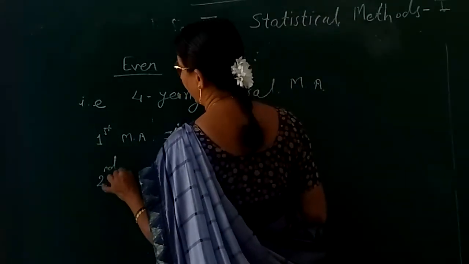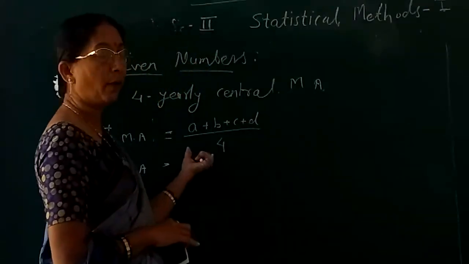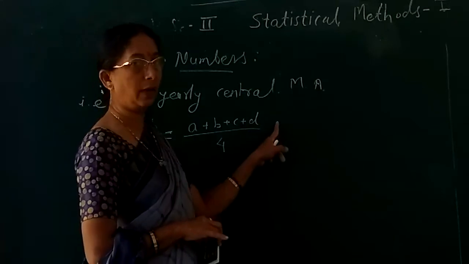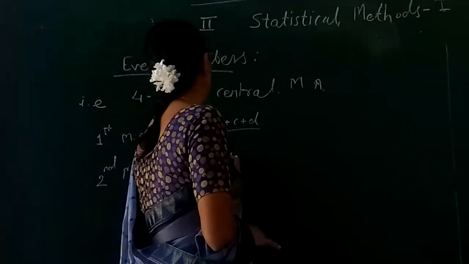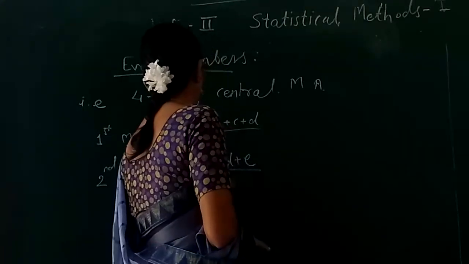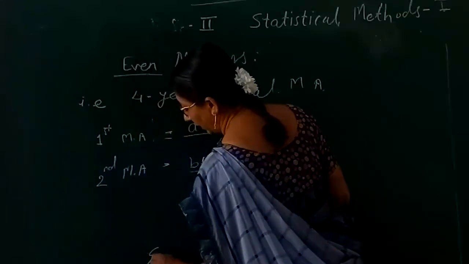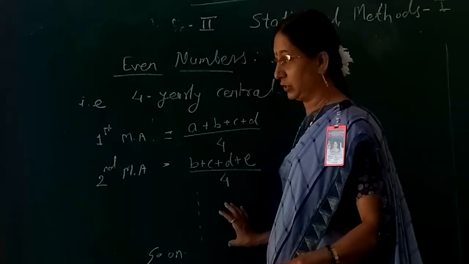For the second moving average, as in the earlier procedure, we omit the first and add the new number: B plus C plus D plus E by 4, and so on. We calculate the last 4 numbers' average.